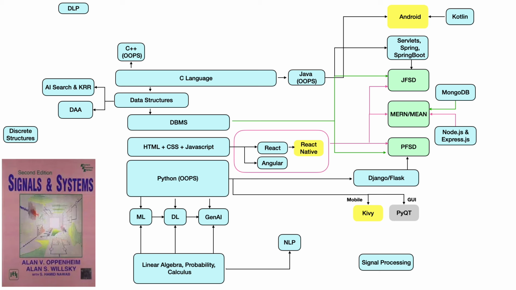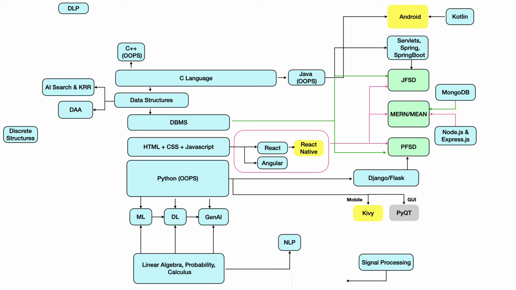We also study convolution, one-dimensional convolution, and linear and circular convolution. All those concepts are studied here. We also study filtering, what is a low pass filter, high pass filter, band pass filter. All those are studied in this signal processing course.